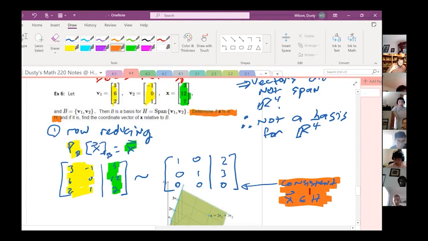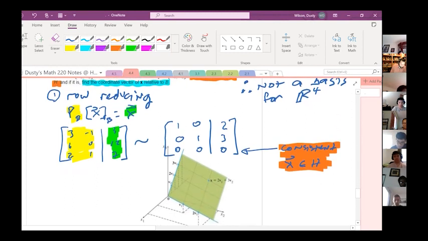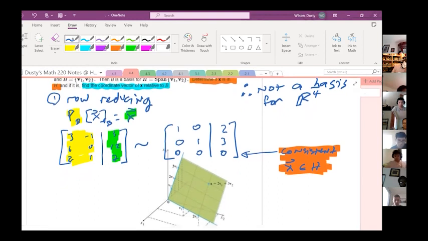Then the next part says to find the coordinate vector of X relative to B. So what we're saying is that [X]_B is equal to 2, 3.